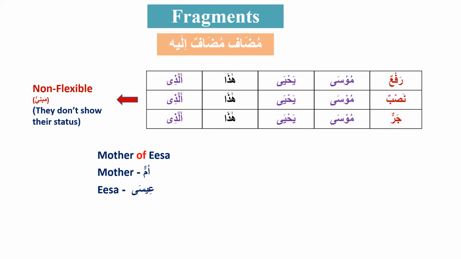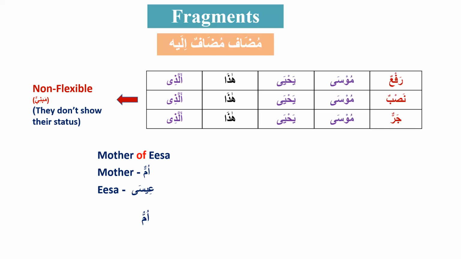Yeah. Need to make ummun light. So ummu. We take the tanween off. All right. Ummu. And the second condition, there is no al, so it's already there.